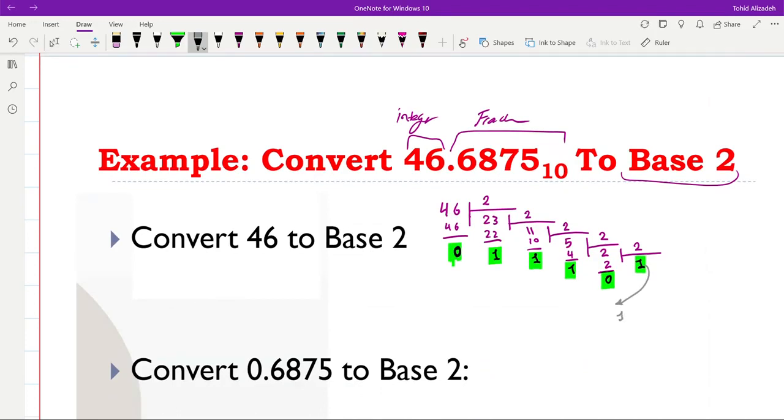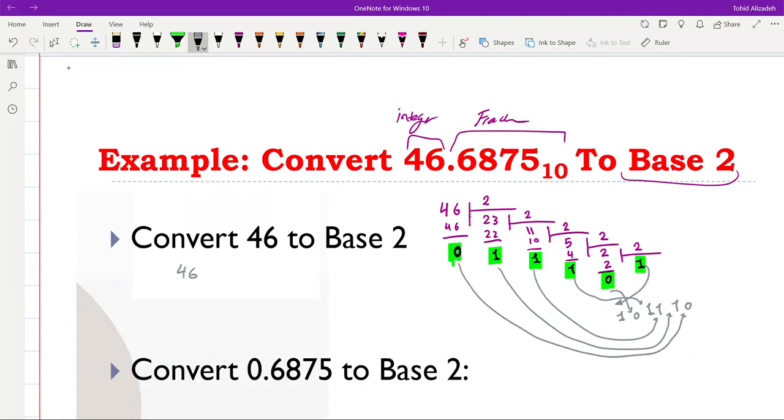Starting from here, we have 1, then 0, 1, 1, 1, and 0. So for the integer part, 46 in base 10 is equal to 101110 in base 2, or in binary.